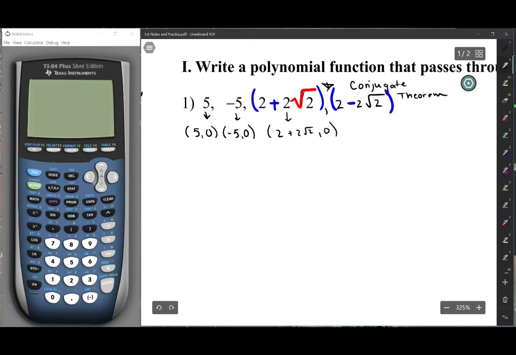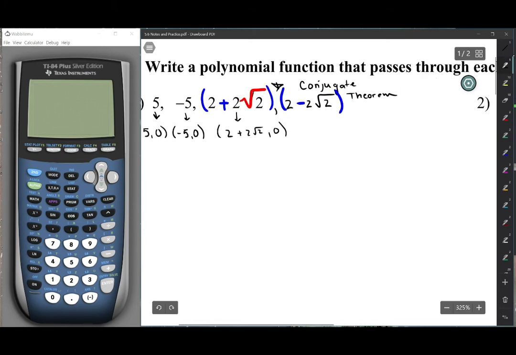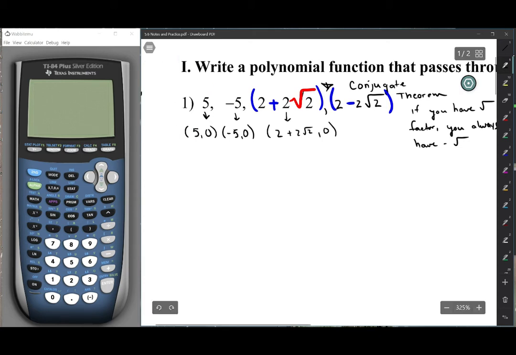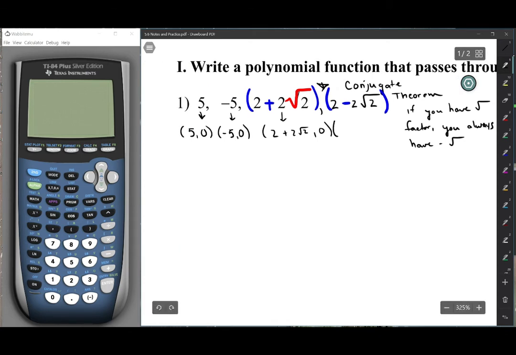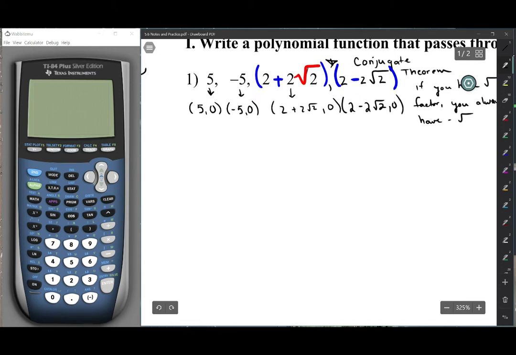The same goes for imaginary. So the conjugate theorem: if you have a square root factor, you always have its opposite. What that means is we would also have the point 2 minus 2 roots of 2, 0. A bit more to do here, but that is going to be very important.